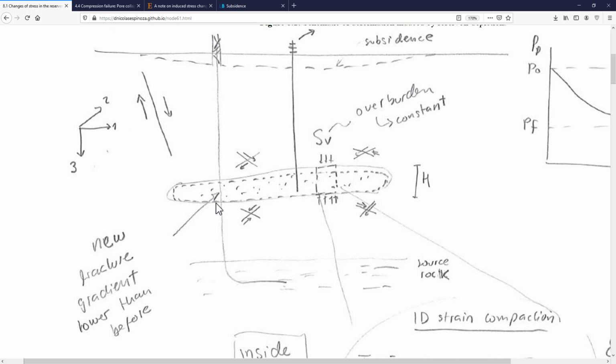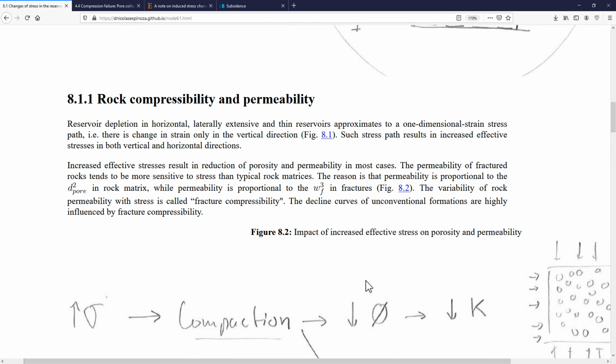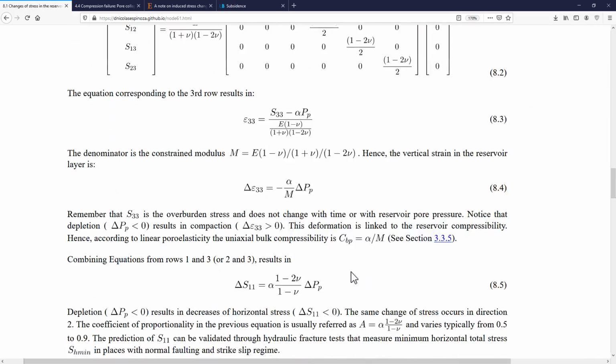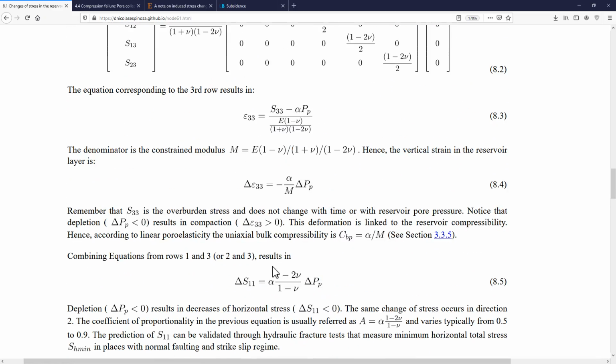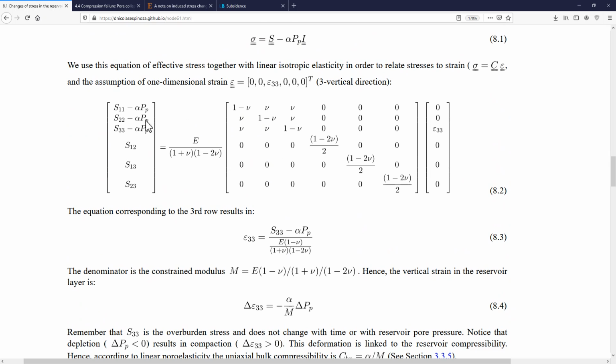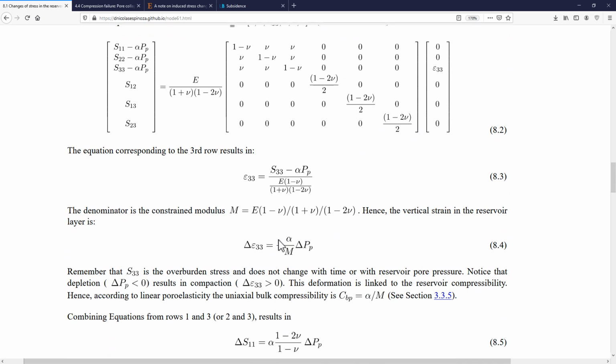So how do we predict that decrease in horizontal stress? And this is what we're going to do over here with these same equations, but now with equation 1, or you can do it with row number 1 or with row number 2. It's going to be the same equation. I can solve for what is going to be S11 as a function of the change of pressure, also utilizing equation 8.4.